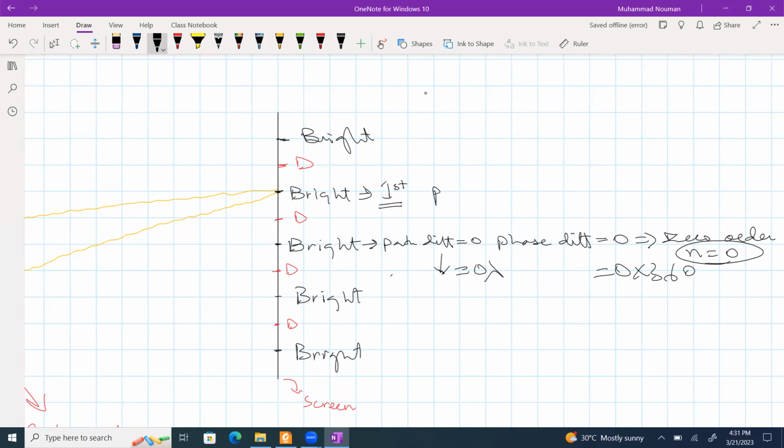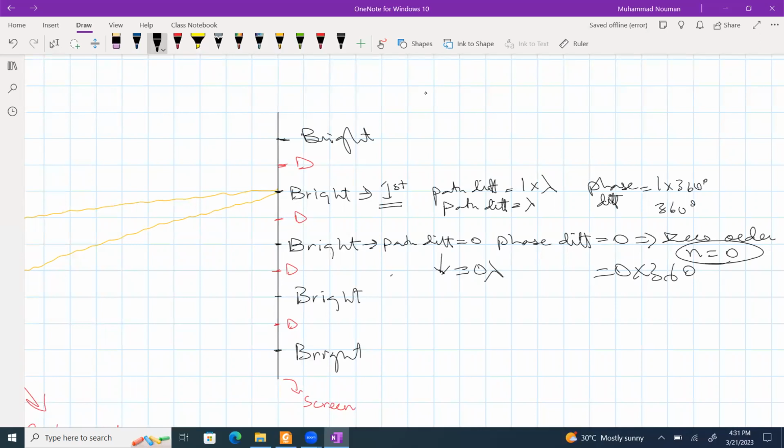Path difference equals n lambda, with n as 1, means 1 lambda, which is lambda simply. Path difference is lambda and phase difference is 1 times 360, and 360 means 360 only.